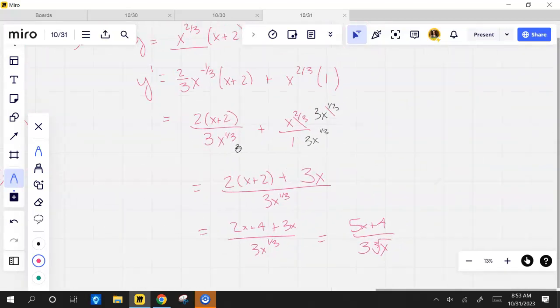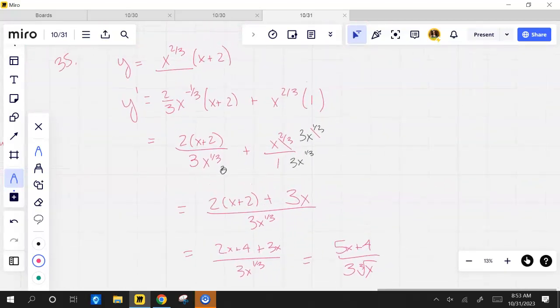Yeah. You could. That'd probably have been smarter. And a lot of times it is smarter to rework it in the front end instead of the back. 2/3 plus 1 would be 5/3. 2x to the 2/3.